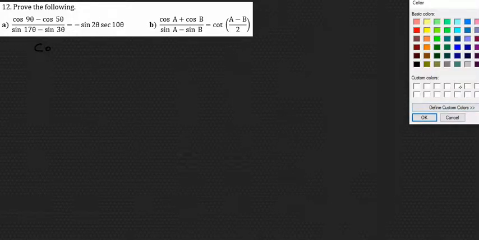But whenever you have cos of an angle, let's say cos A minus cos B, this gives us a negative 2 then sin A plus B over 2 and sin A minus B over 2.